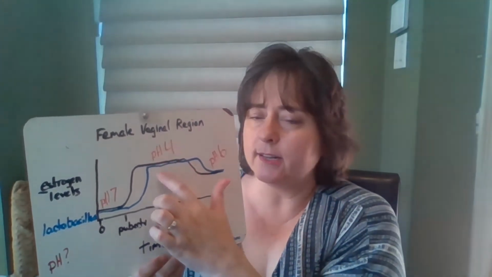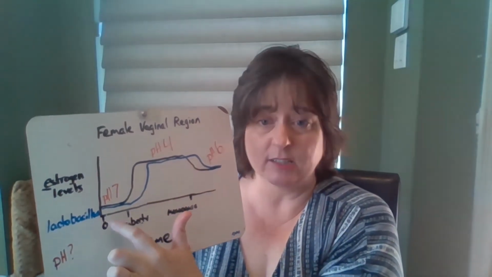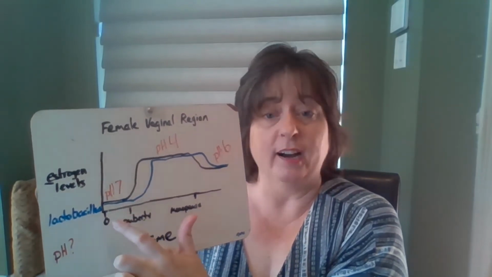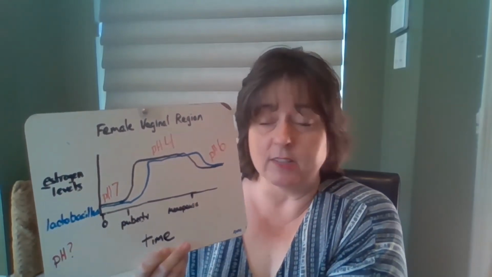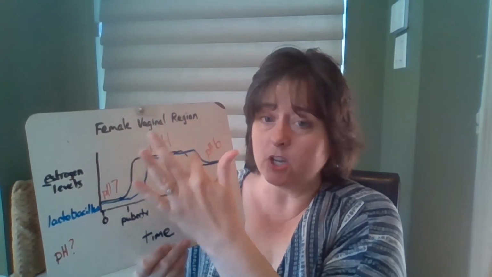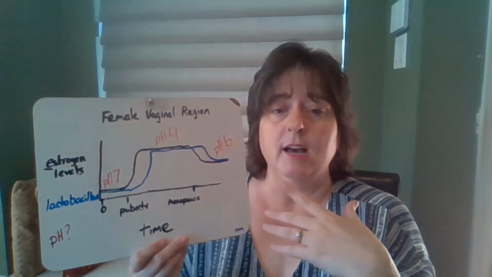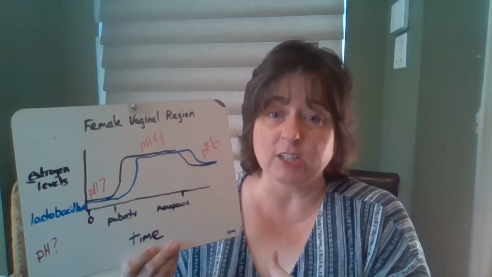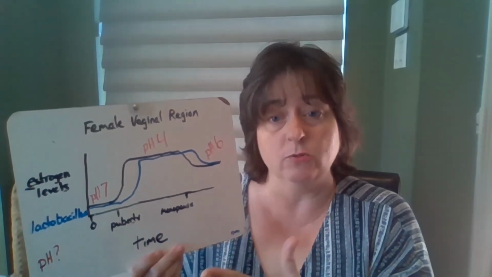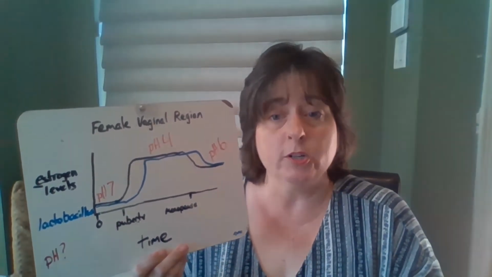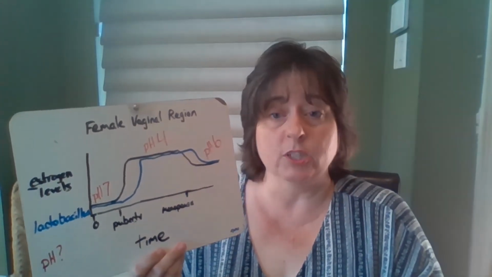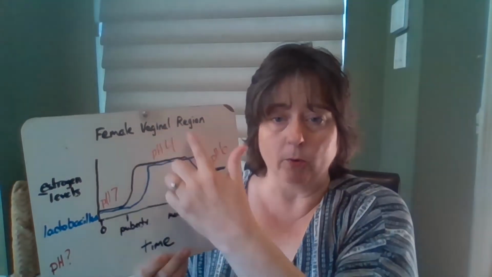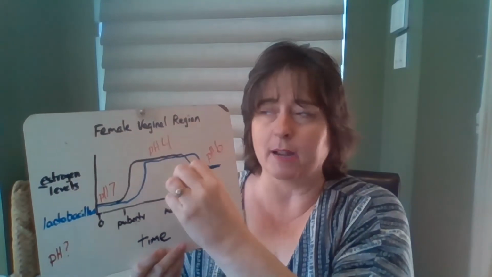What's going on in adulthood that is not going on in this region in childhood? Sexual activity. When a woman hits adulthood, sexual activity comes, she is more susceptible to the introduction of foreign microorganisms due to sexual activity. The more partners, the more susceptible she is to foreign microorganisms and that introduction of new microorganisms.